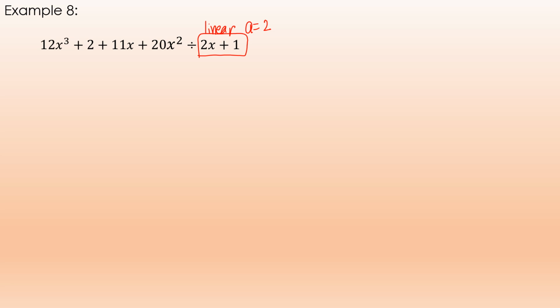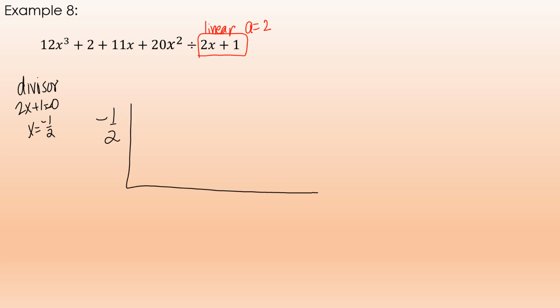So when we determine our divisor, I have to take 2x plus 1 and set it equal to 0, and that's going to give me, subtract 1 divided by 2, so negative 1/2 is what is going outside my box, okay? I also need to rearrange my terms, so I need 12x cubed plus 20x squared, and then plus 11x, and then plus 2.